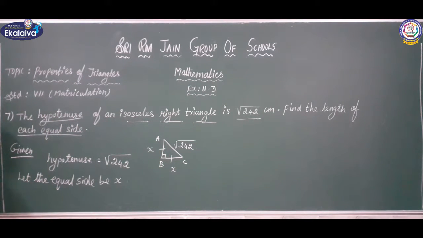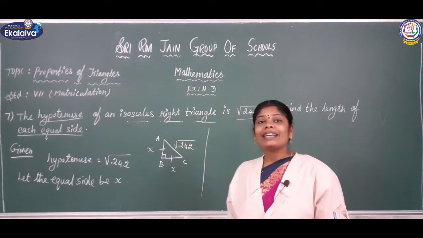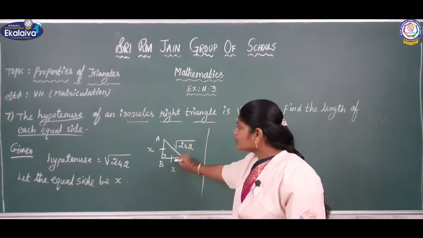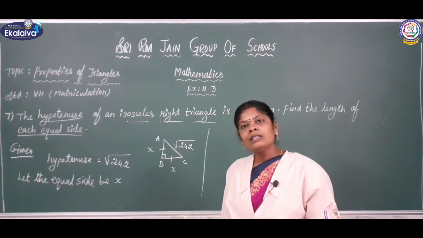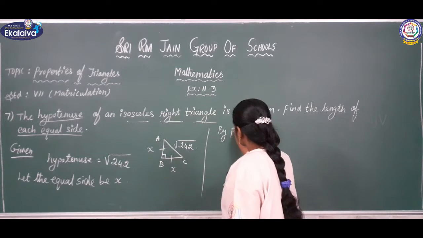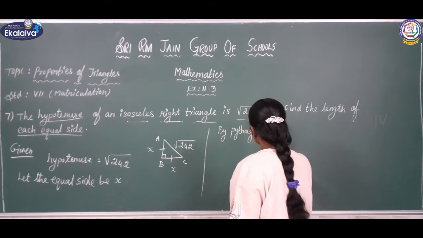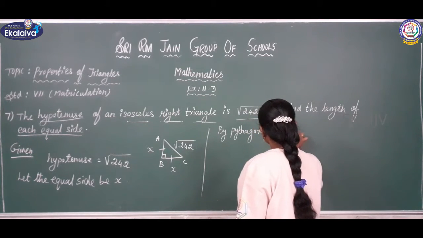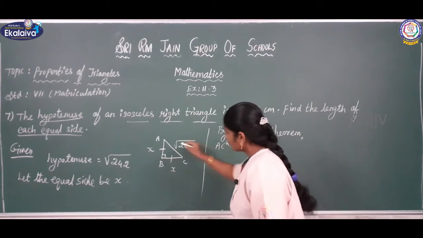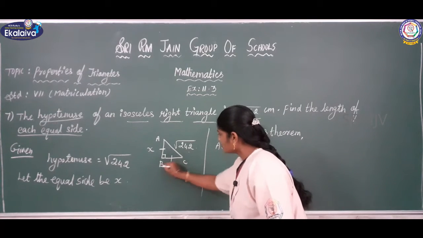Here we are going to use the Pythagoras theorem. What is Pythagoras theorem, children? In a right angle triangle, the square of the hypotenuse is equal to the sum of the squares of the other two sides. So by Pythagoras theorem, AC square equal to AB square plus BC square.